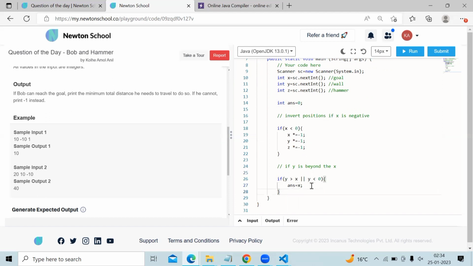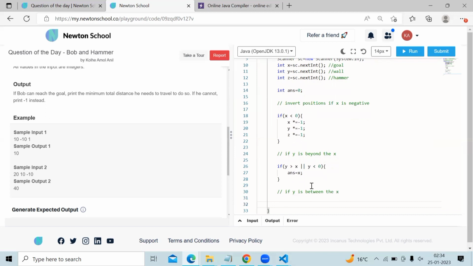Now if the wall of y is between the goal, if y is between the x, then simply we'll do else condition here.